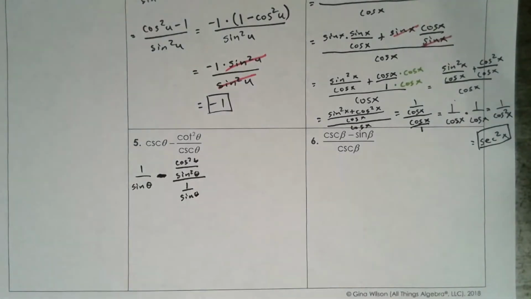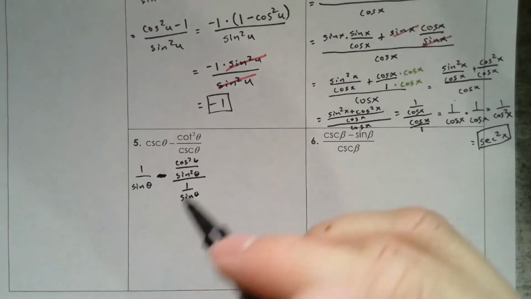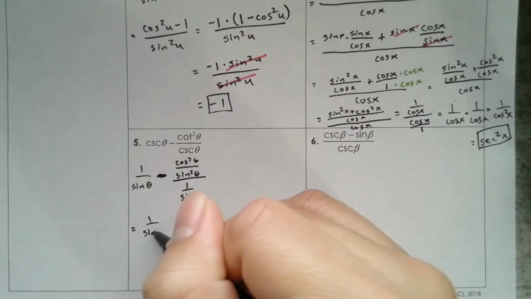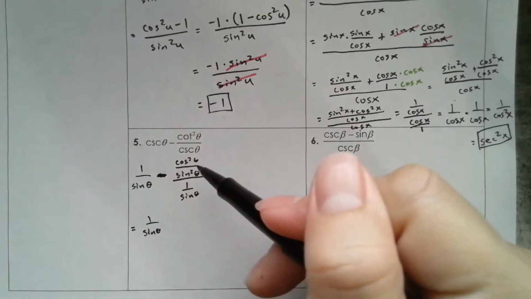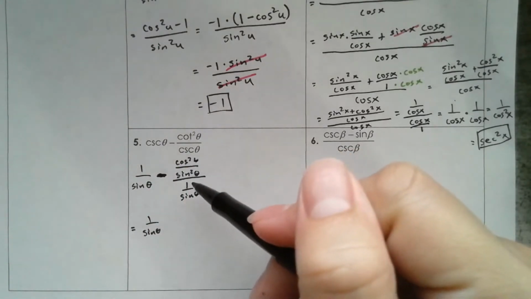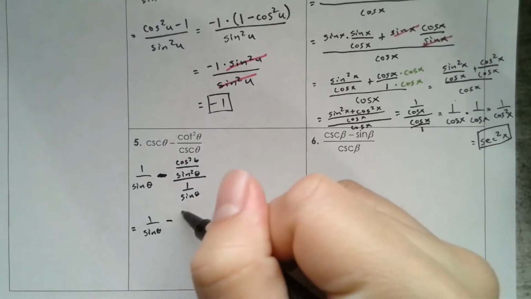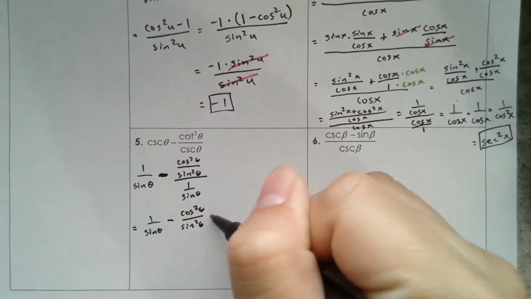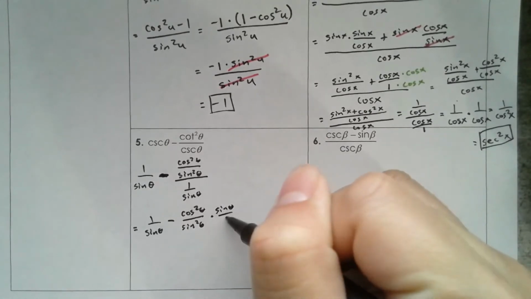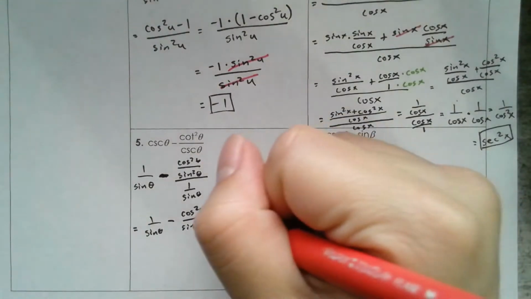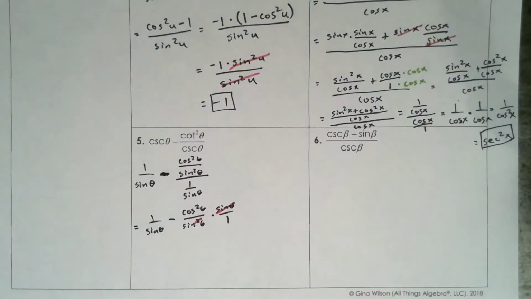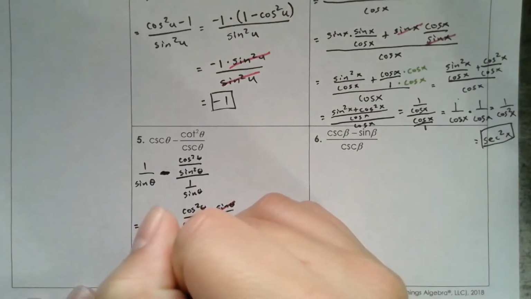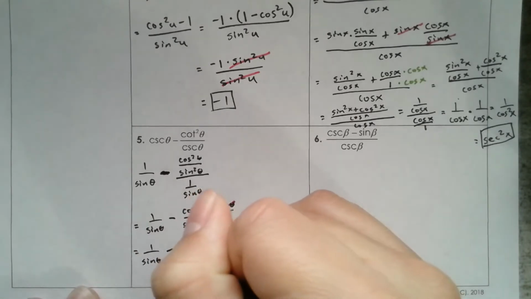So for just the right side here, I still have the 1 over sine theta, that's him. For this one, I have a fraction over a fraction, multiply by the reciprocal, that'll be cosine squared theta over sine squared theta times sine theta over 1. That sine will cancel out with one from the bottom there. So then I'll have 1 over sine theta minus cosine squared theta over sine theta.